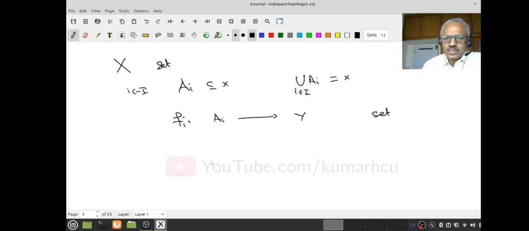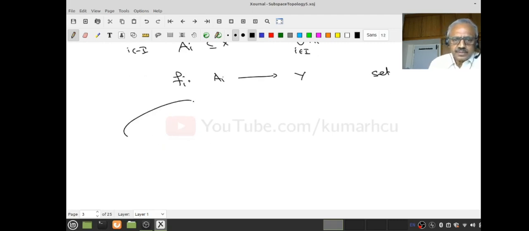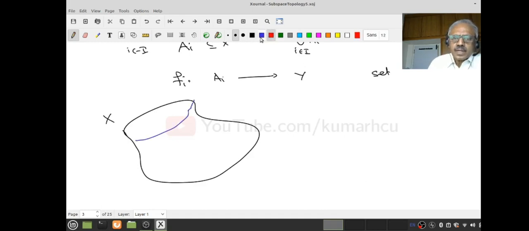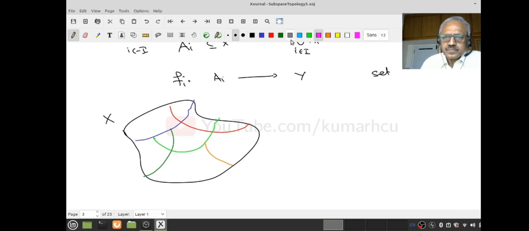So how do I look at it? This is my X, this is my A1, this is my A2, this is my A3, this may be my A4, and so on. You get the idea. Now I have a Y here.